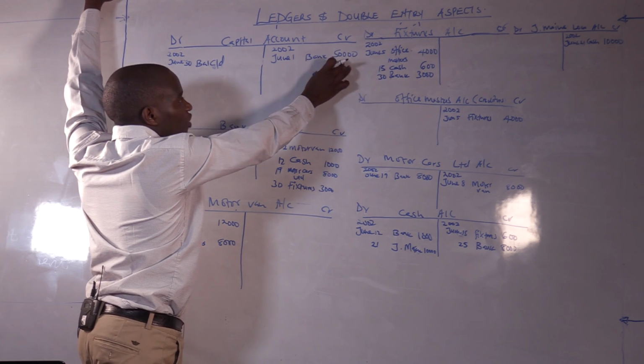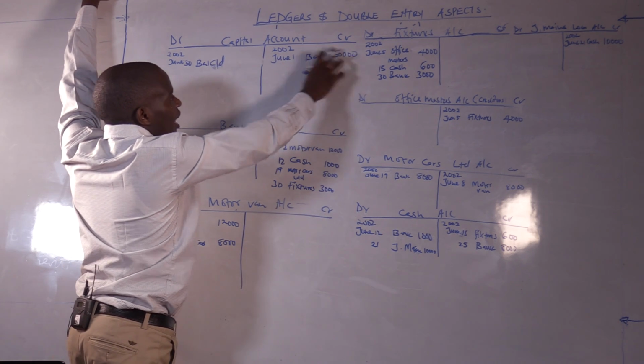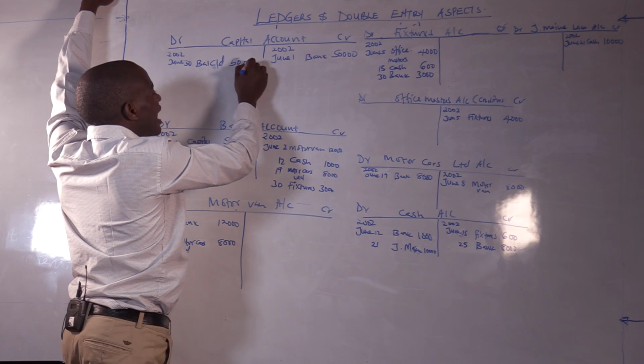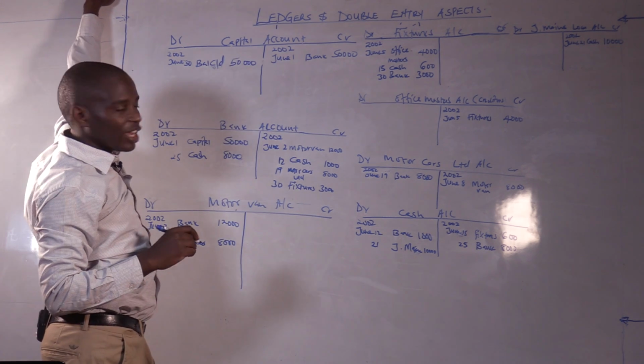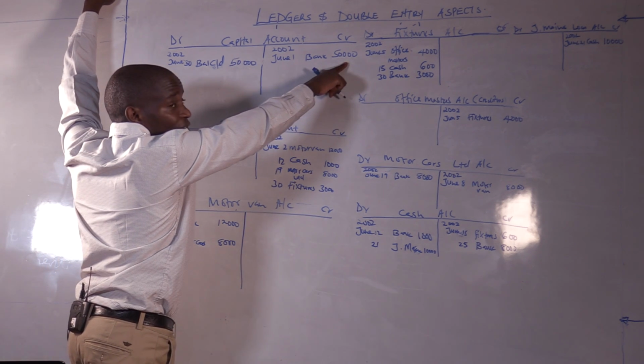This side we have 50, this side we have 0. So we say it is 50,000 minus 0, we get 50,000. So we have a balance carried down of 50,000, and on this side we have 50,000.